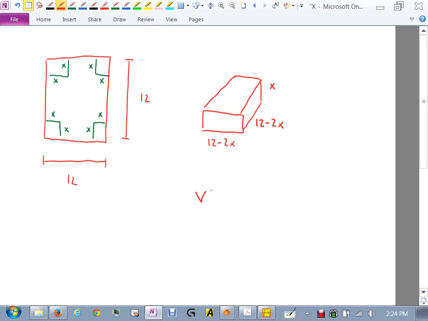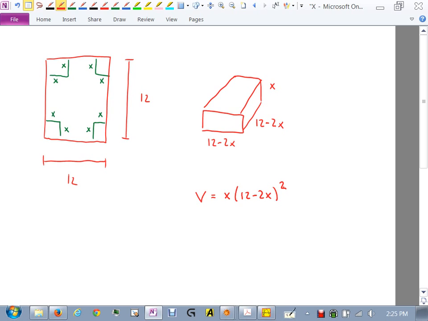What's the volume of this thing? It's 12 minus 2x times 12 minus 2x times x, isn't it? I could have written it this way. That's the problem that we just did, isn't it? Now hold on, we're not there yet, okay?